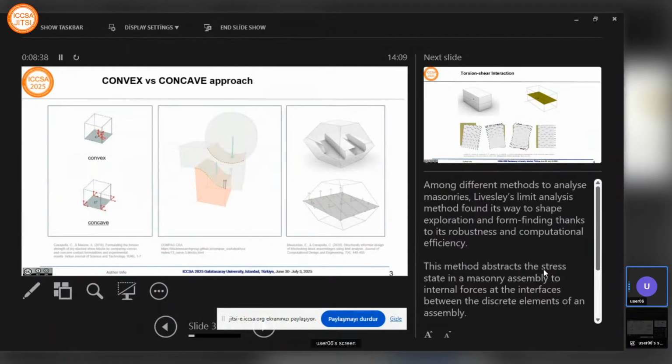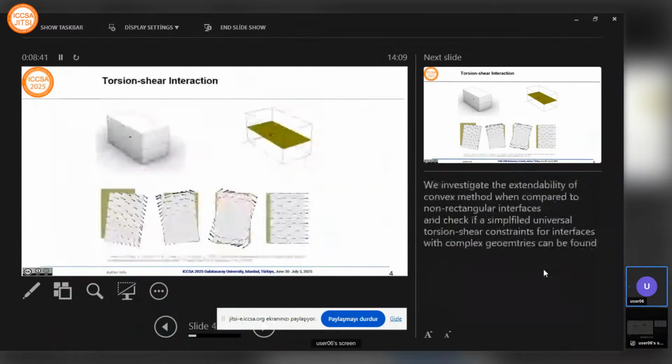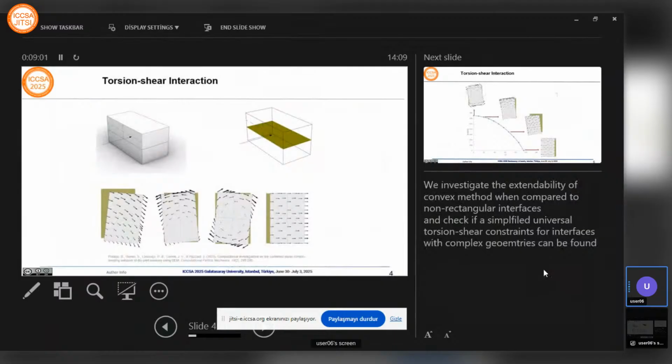So, but there are also some limitations related to the concave approach, and basically one of the main limitations is about how to formulate the torsion shear interaction, because we can see that the torsion shear interaction, as you can see here, for example, happens when the lateral forces are applied at one interface with some eccentricity with respect to the centroid of the interface, and we can have a combination of shear and torsion.